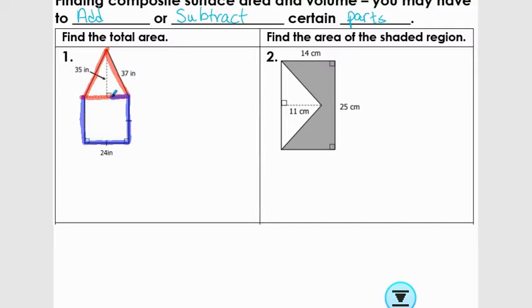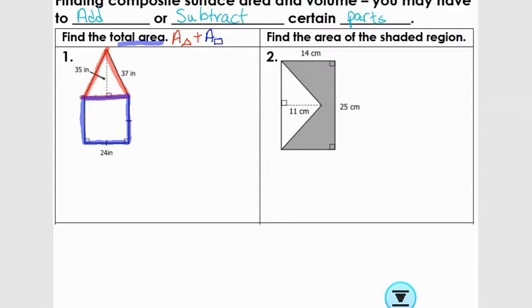In fact, it looks like it's a square. So we have those two shapes added together. To find the total area, I'm just going to find the area of the triangle, and I'm going to add the area of the square or the rectangle. Squares are rectangles, so we can think of it that way.